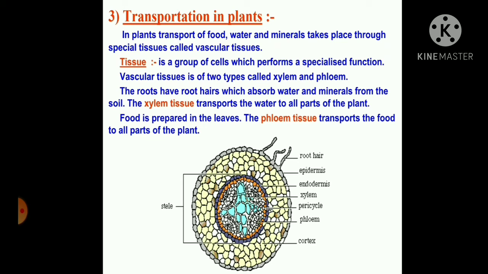These tubes run over and then circulate to all parts of the plant, and in the same way when the food is prepared in the leaves, so leaves are the kitchen of the plant, from there the food has to be transported to all parts of the plant, and this is done by the phloem tissue.